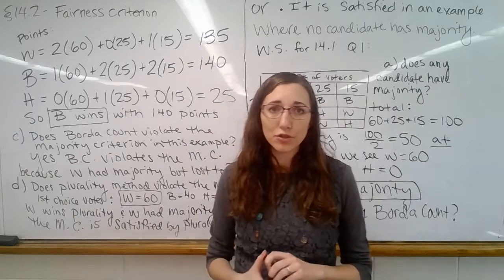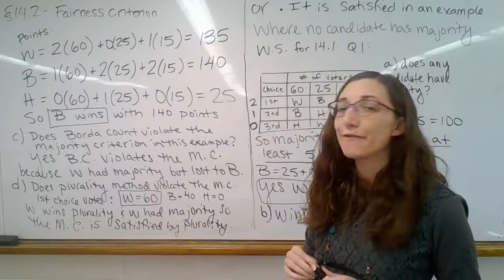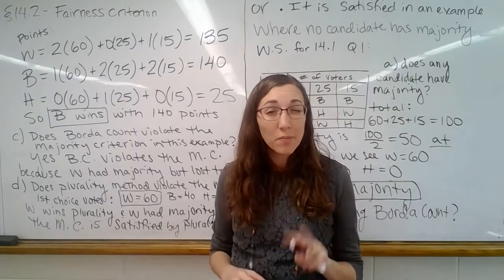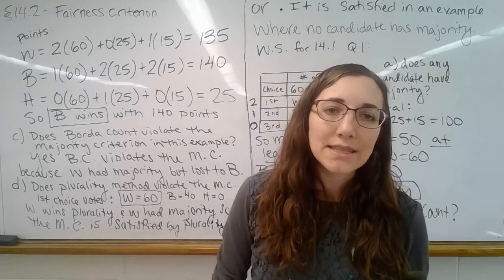So that could be another description of a different type of criterion that we consider to be fairness. But this is our first fairness criterion. We have one more that we're going to learn, and we'll try out some other examples to see how they work.